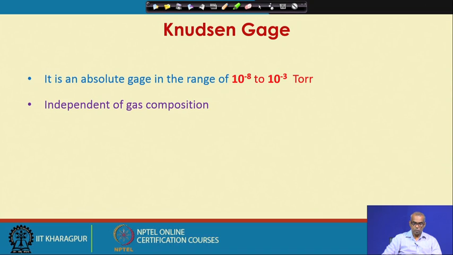So, the pressure measurement is independent of gas composition. This is mostly suitable for laboratories. It is generally not used in industry.